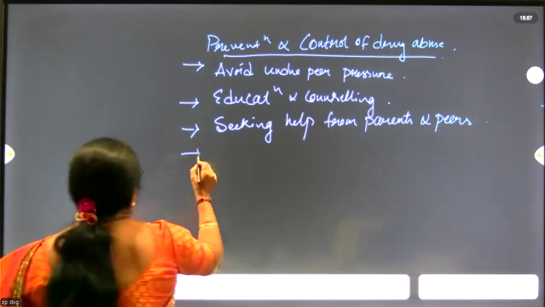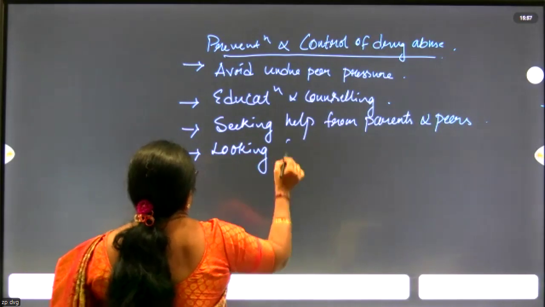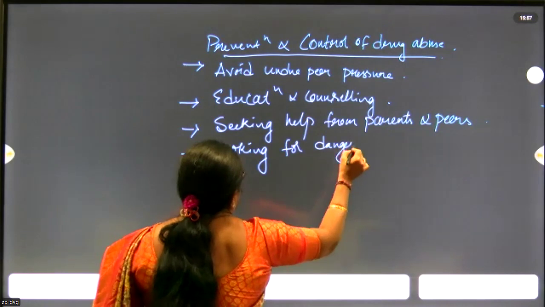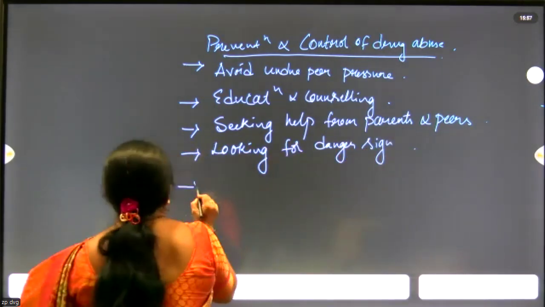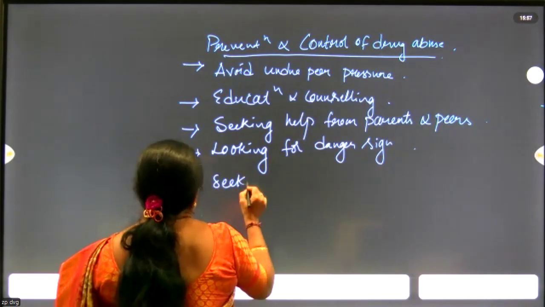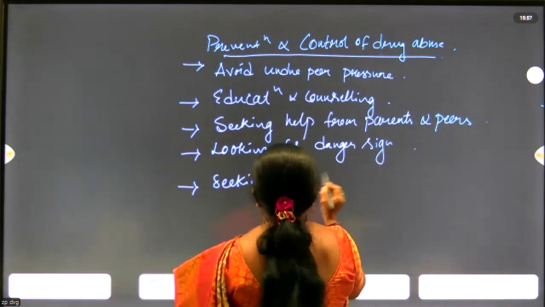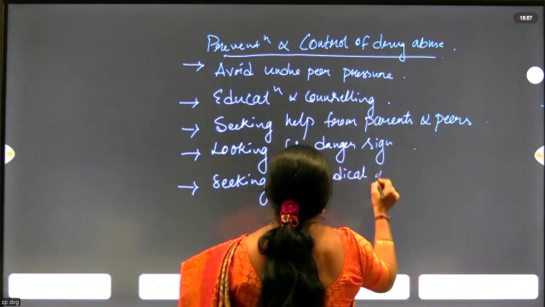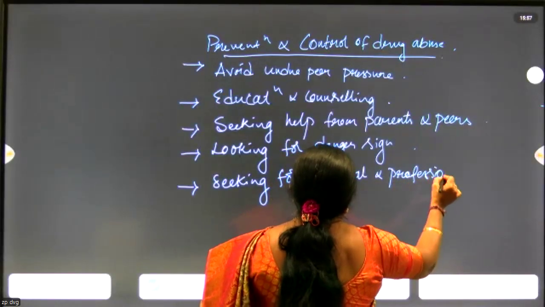The fourth is looking for danger signs. Finally, it is seeking medical and professional help.